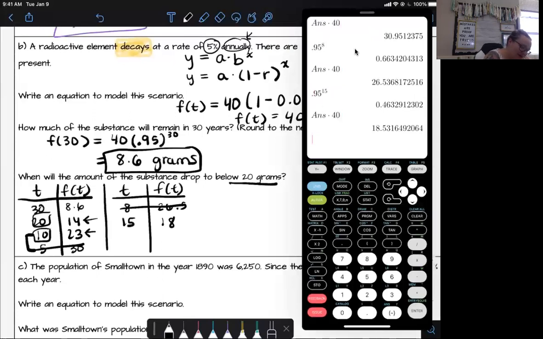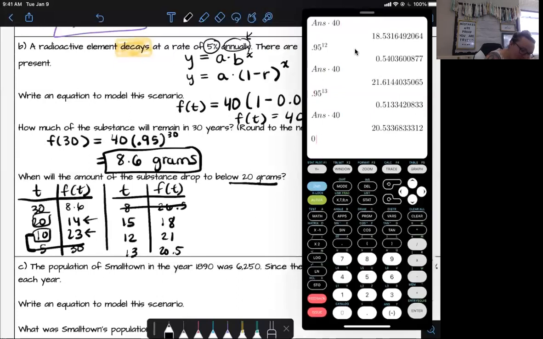So let's try 12. So 0.95 to the 12th. Later in this unit, you're going to learn how to solve for a variable when it's in an exponent, and you won't have to do all this guessing and checking. Ooh, there's 21. So it's between 15 and 12. Let's try 13. 0.95 to the 13th times 40 is 20.5.